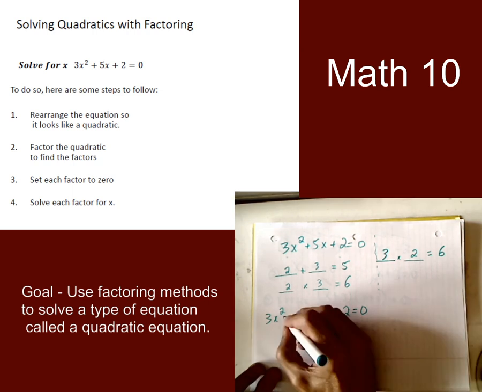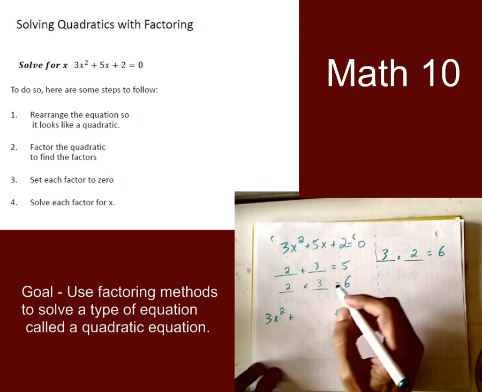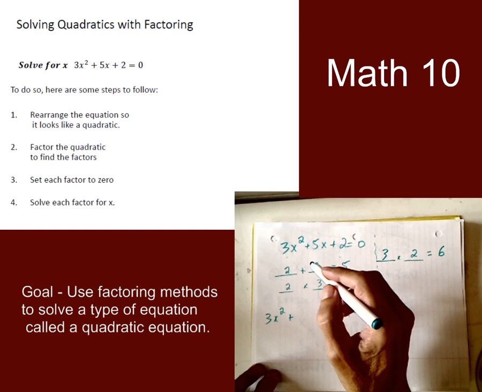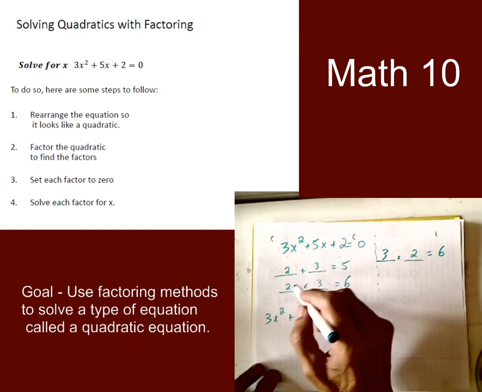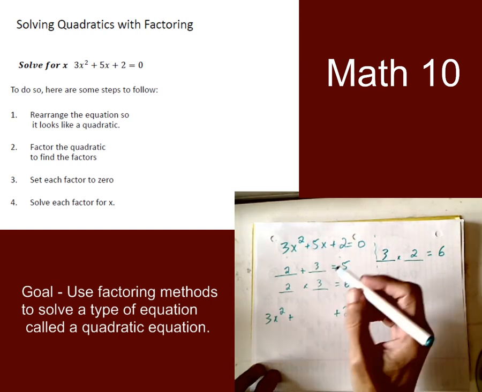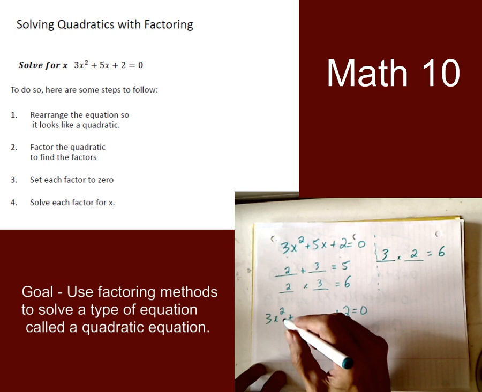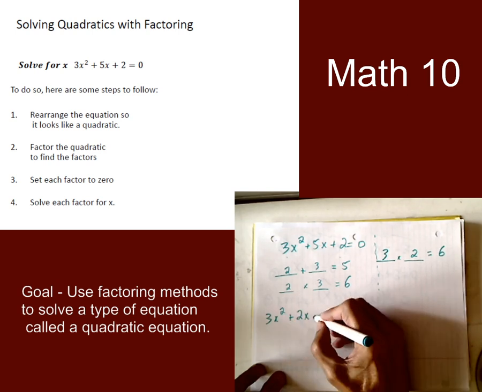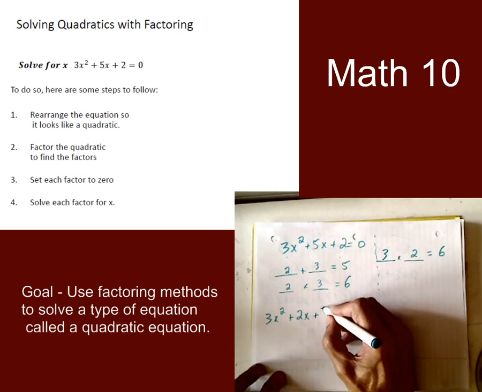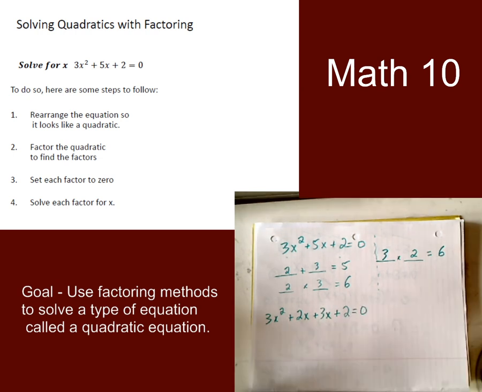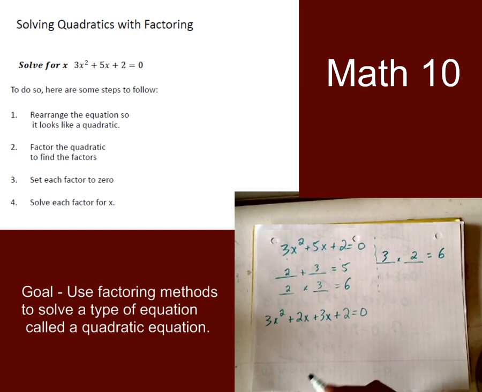But instead of 5x, we're going to use these numbers here. And just for fun, I'm going to write them in this order, just to show you something. Okay, so definitely 2x plus 3x is 5x.